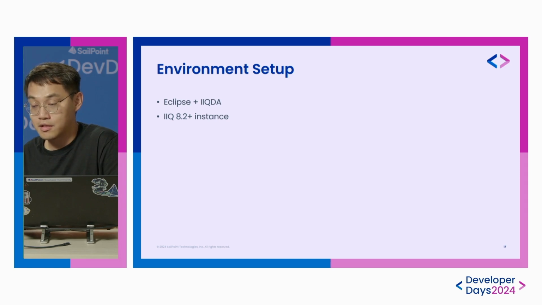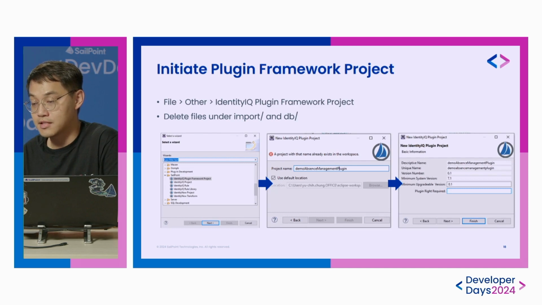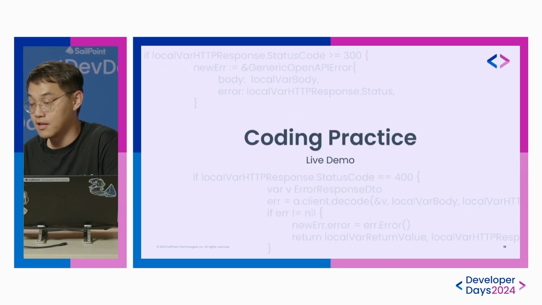Note that an IQ 8.2 plus instance is required, because in this practice we are using the script package feature, which is only available after 8.2. This is just an example of how we use the IQDA to initiate a plugin framework project on Eclipse.